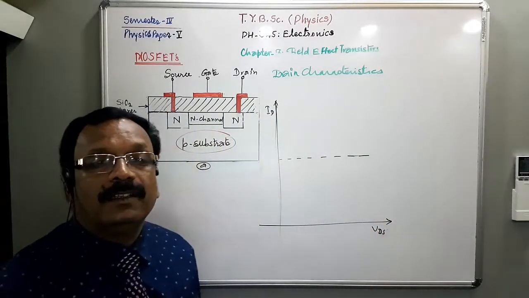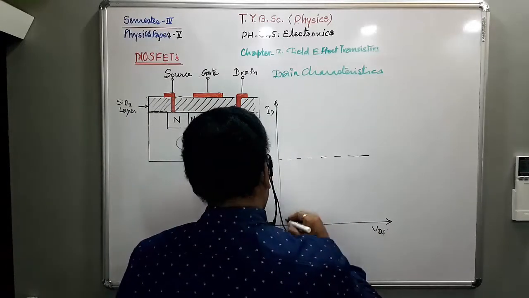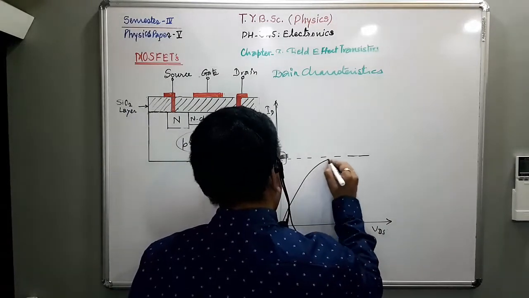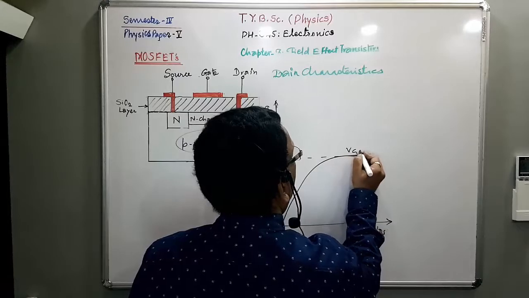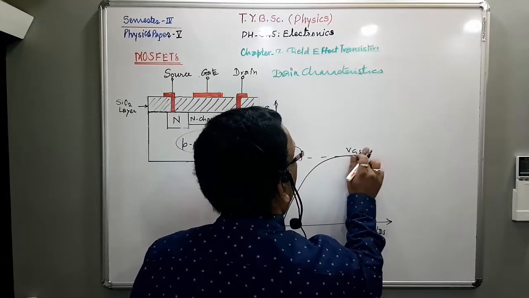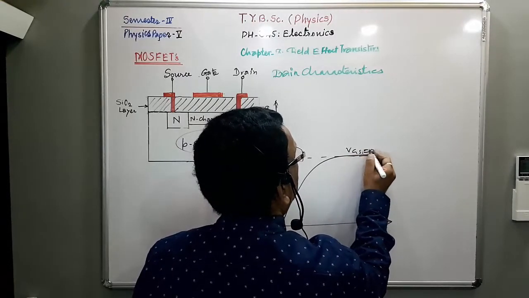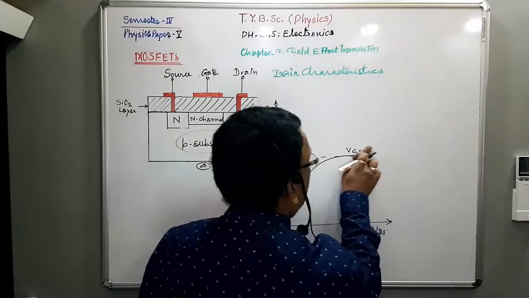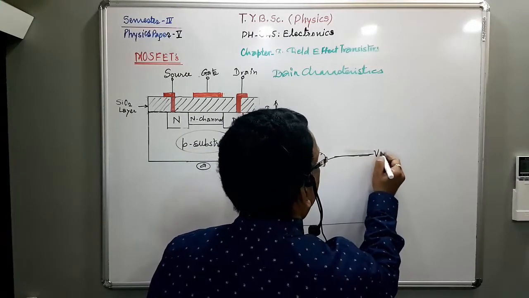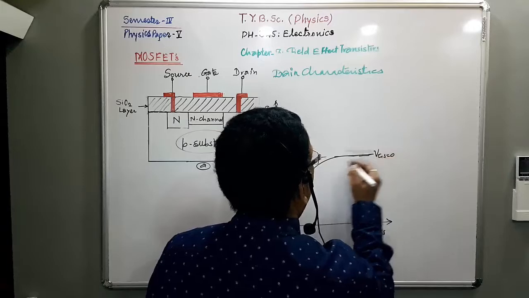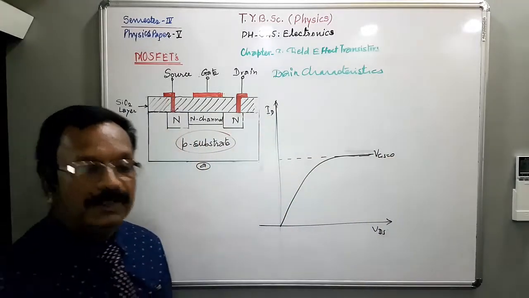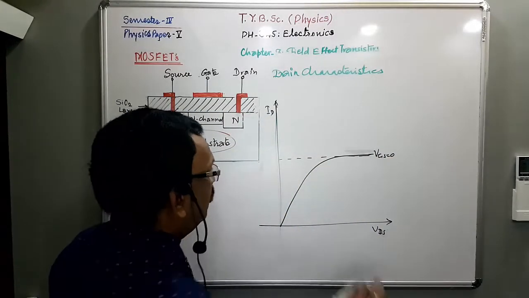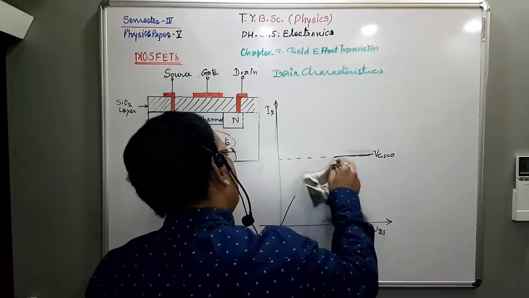See here, this is VGS equal to 0. This curve is for VGS equal to 0. I just want to show properly.